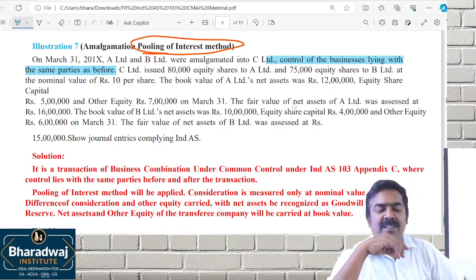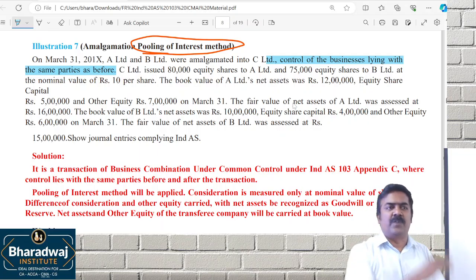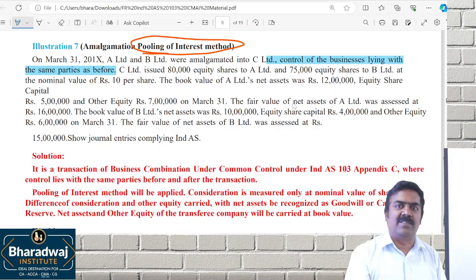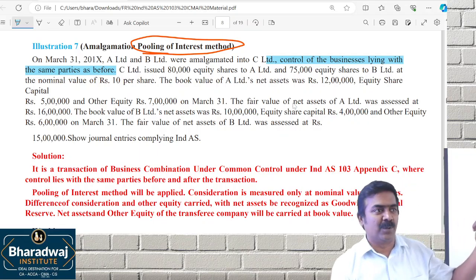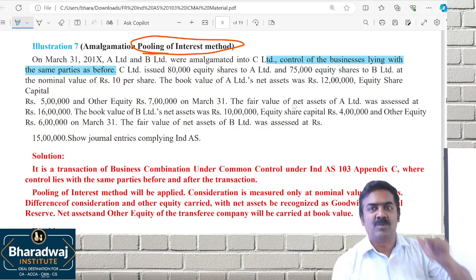Next point. So far we were recording assets and liabilities at fair value. But when the pooling of interest method is followed, you should record them at book value only.